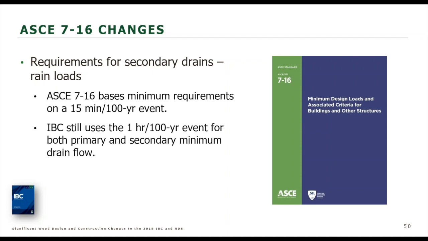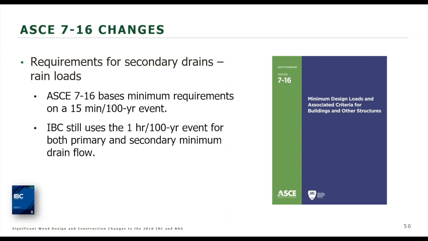Well, we need to be involved when we're dealing with the design of our roof structure and possible ponding that can occur, and coordinating with the architect, because the architect may not know that this is in ASCE 7-16. So a secondary drain may be required, and there are 2 criteria for determining whether or not a secondary drain is required and what that criteria is.